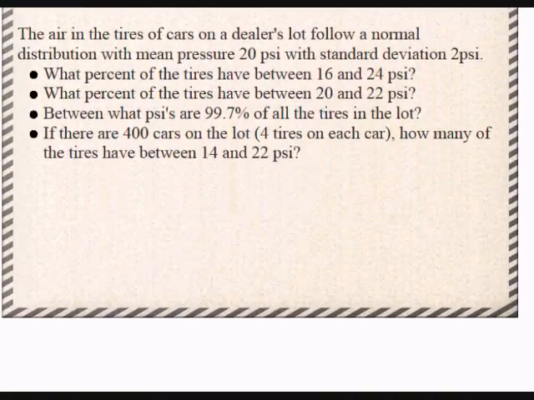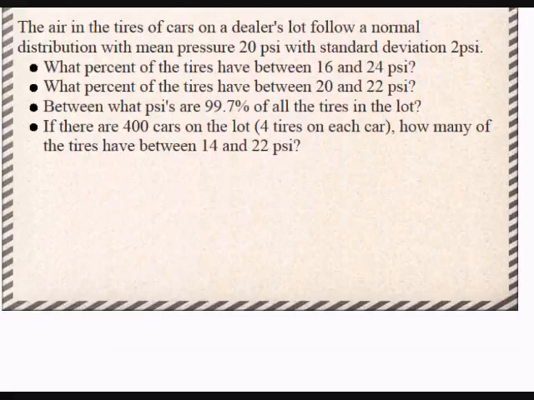The tire pressures on a car dealer's lot follow a normal distribution with a mean of 20 psi and a standard deviation of 2 psi. So first thing I do before I start looking at the questions is make myself a little normal distribution.